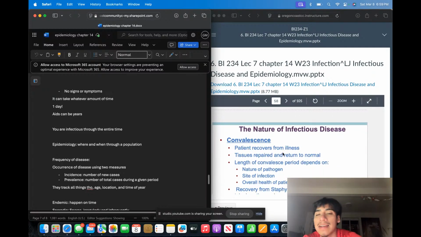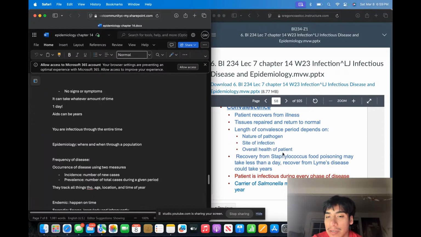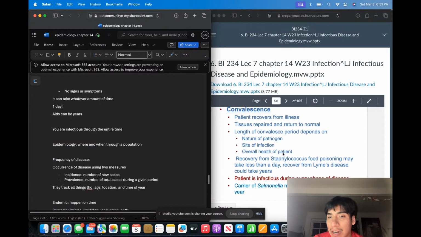Convalescence is the end, where you have no symptoms, but you're still infectious. The patient recovers from illness, and tissues are repaired and return to normal. The length of the convalescence period depends on the nature of the pathogen, site of infection, and overall health of the patient.